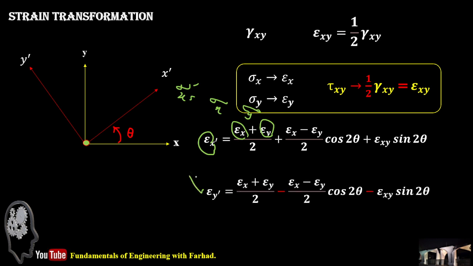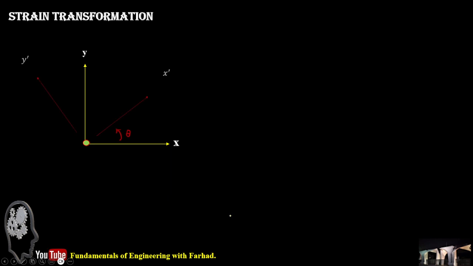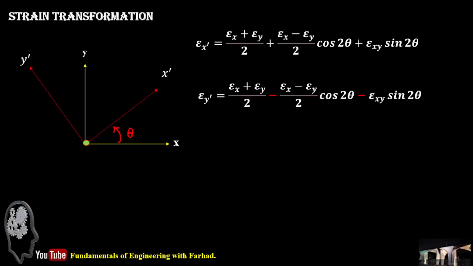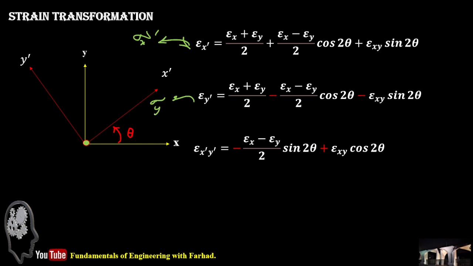And likewise epsilon y prime. And also we do have epsilon x prime, epsilon y prime, and this is identical to sigma x prime, sigma y prime, and this is epsilon x prime y prime.